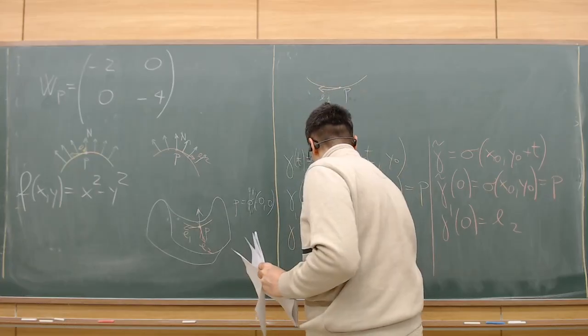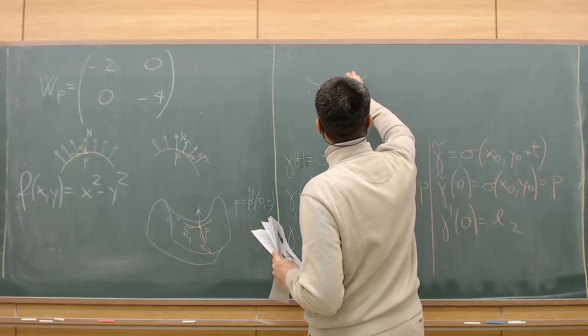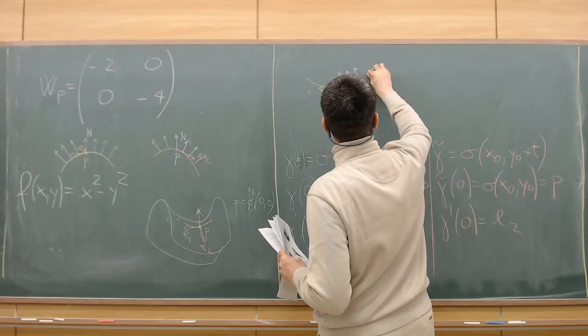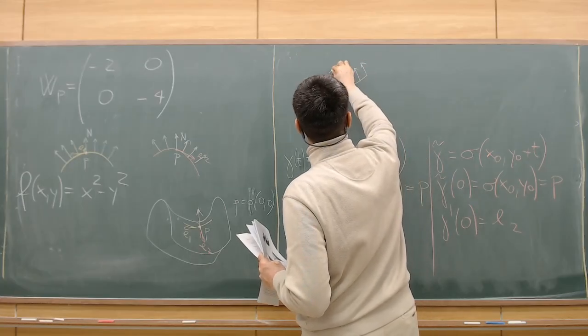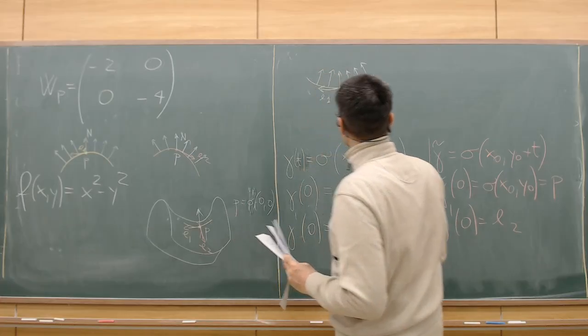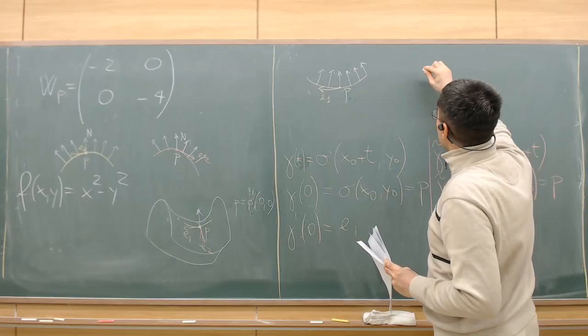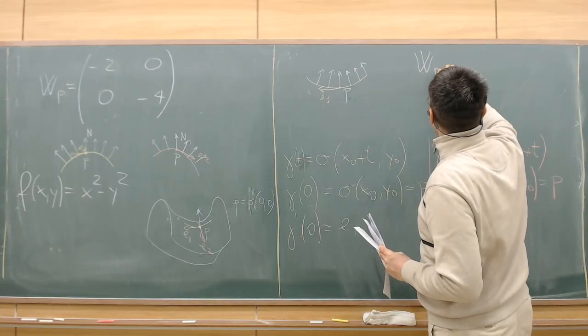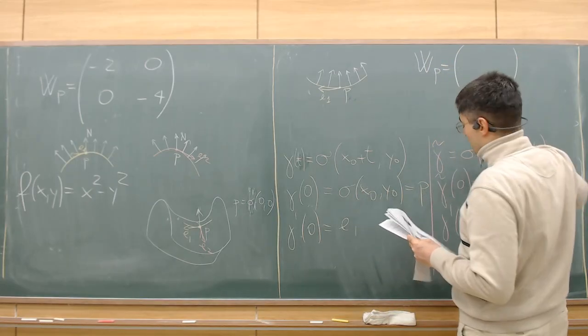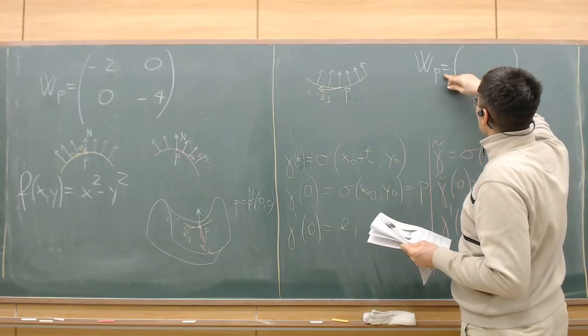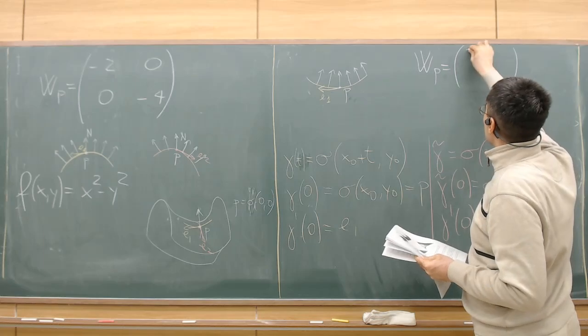And the normal vector to the surface varies this way. The corresponding entry of the matrix which represents W_P is positive.